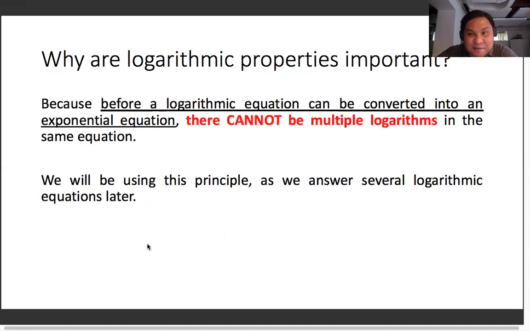Thus, if you have several logarithms present there, then you cannot convert them. So it is important that you convert everything to become a single logarithmic expression before you actually convert it back to its exponential form. So this is the purpose of why we are learning the properties.